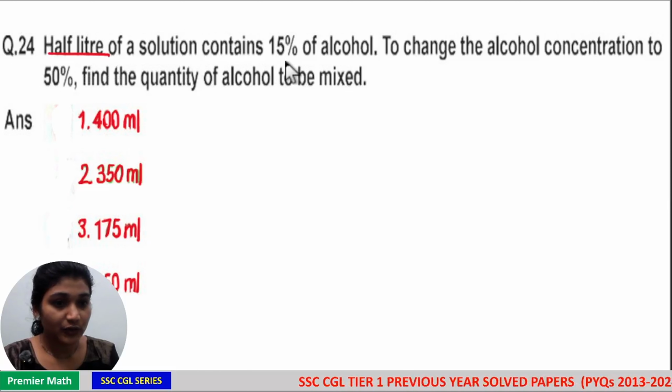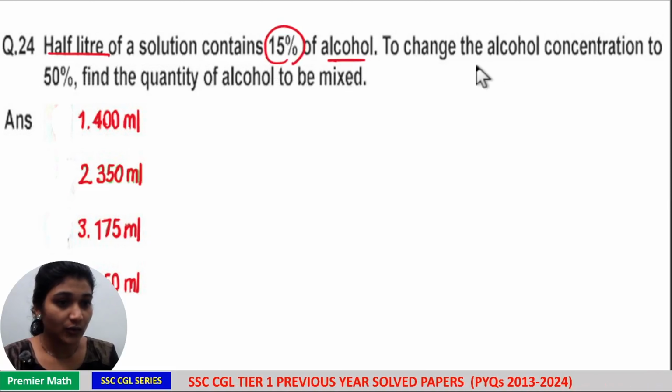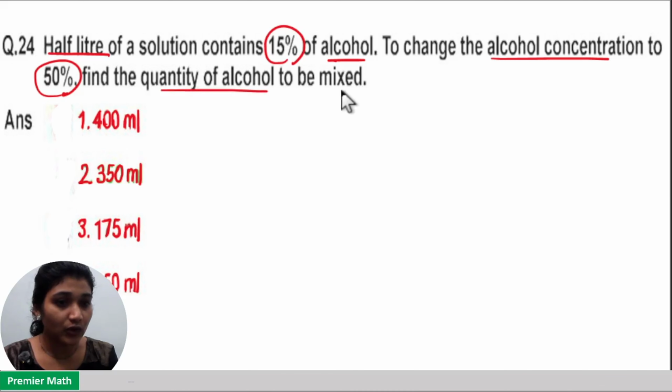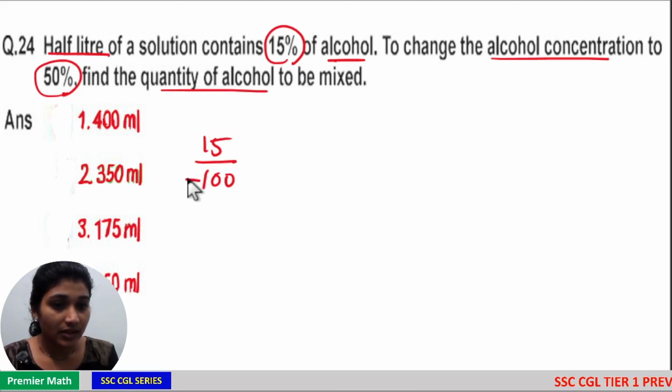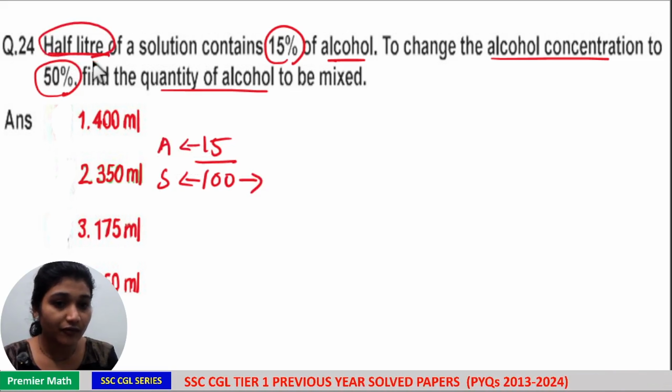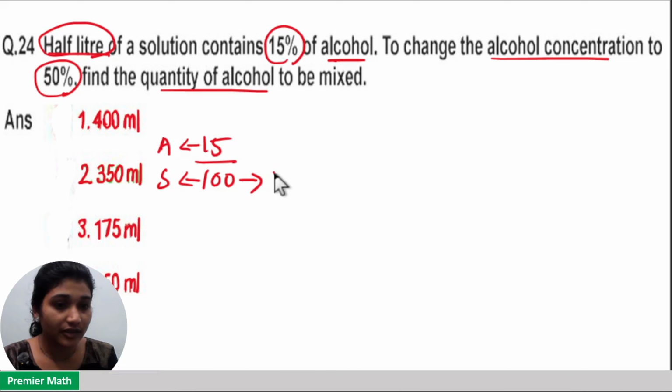Half liter of solution contains 15% alcohol. To change the alcohol concentration to 50%, find the quantity of alcohol to be mixed. Here, this is 15% alcohol. Means if 100 part is the solution, 15 part is the alcohol. Now, this 100 part means half liter. Total solution is half liter, which is 500 ml.